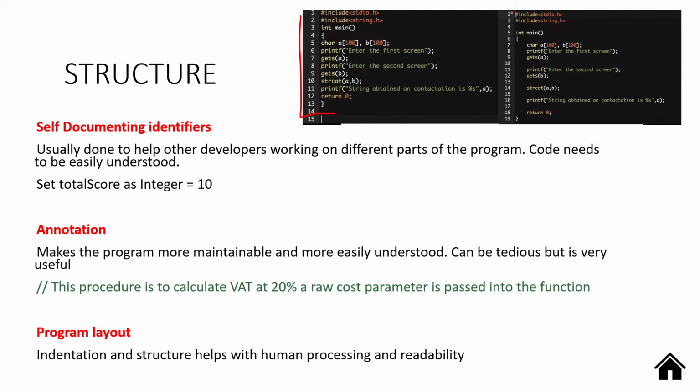On the right-hand side, we include a little bit of indentation just to make it easier for us to read. Now, as you compile this, as your IDE turns it into machine code, during lexical analysis, it gets rid of all the white space. So it doesn't matter to the computer, it only matters to humans.